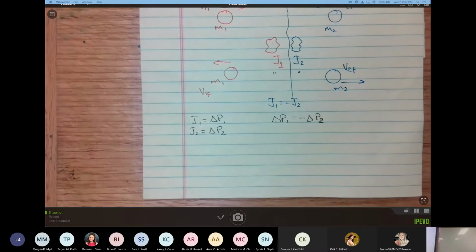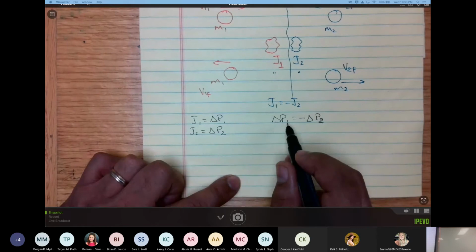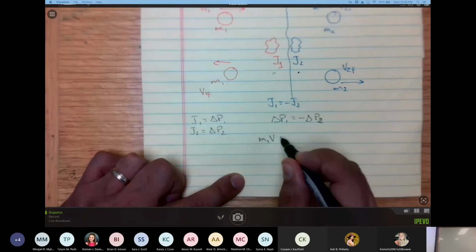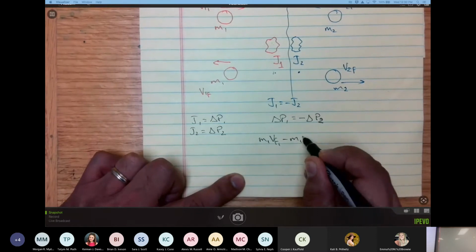Okay, and now I'm going to write those momenta in terms of masses and velocities. So the change in momentum in one is going to be mass one times final velocity of one, minus mass one times initial velocity of one.